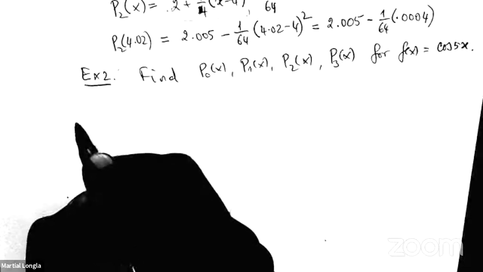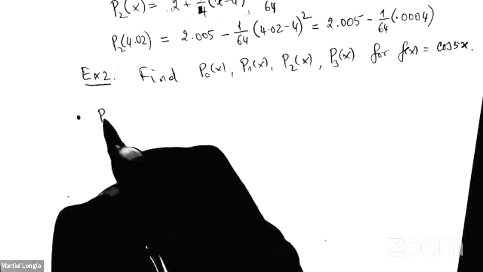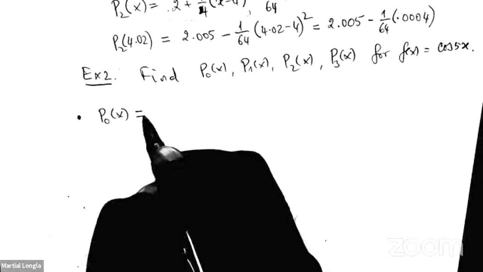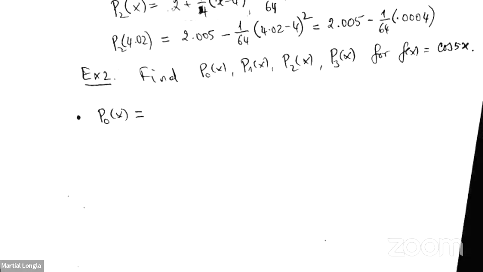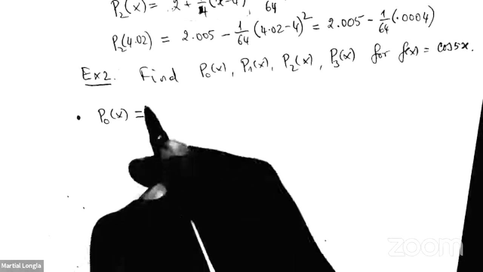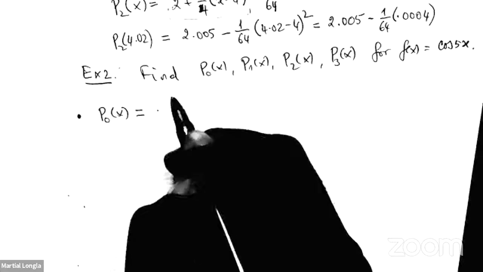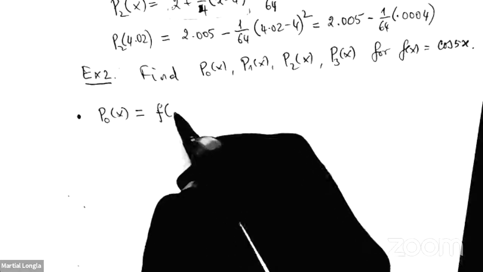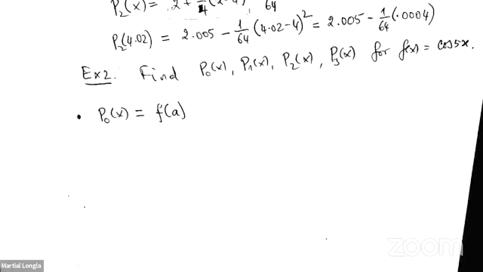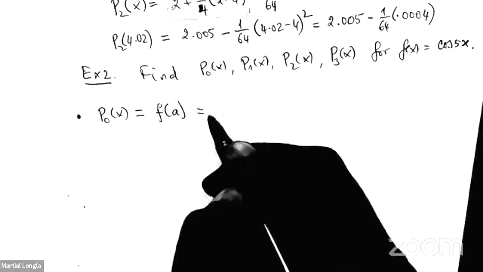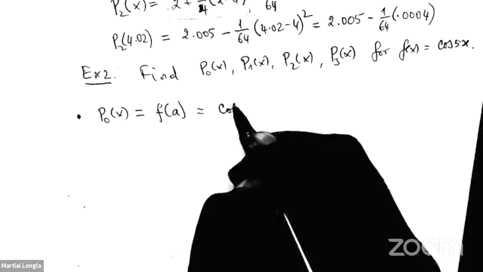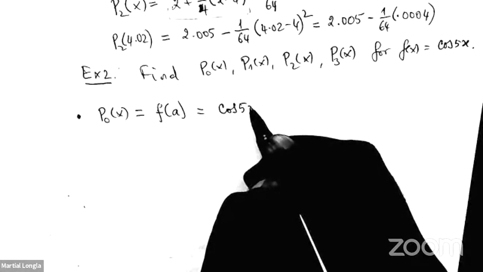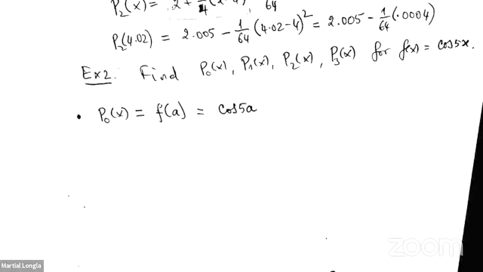First of all, the first one, it's P0 of x. What would P0 of x be equal to? For that one, I got cosine 5a. First of all, that's f of a, which is cosine of 5a.